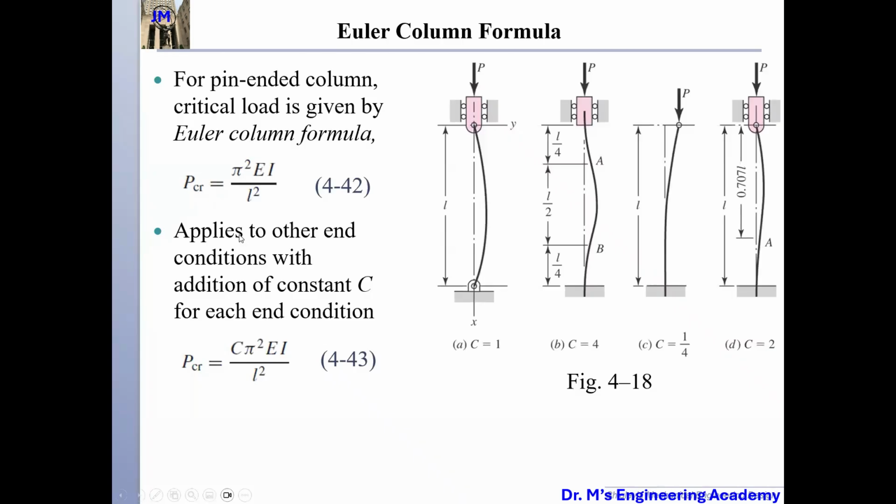This is a very outstanding, exceptional equation. For other cases, the P_cr can be calculated using this same equation for the pin-ended column, and we can add a C here.